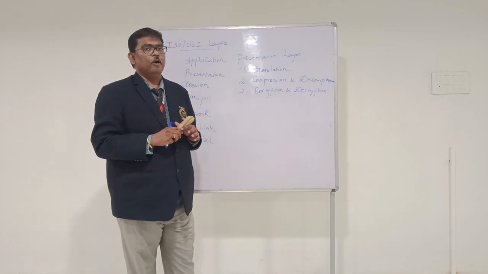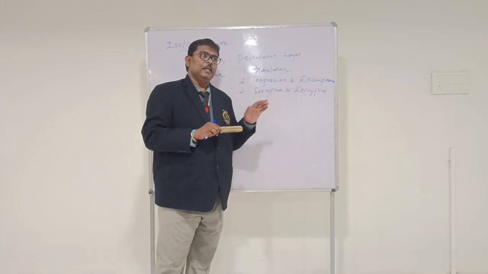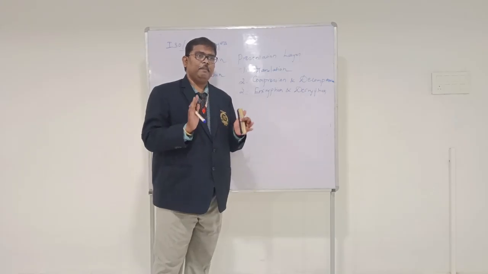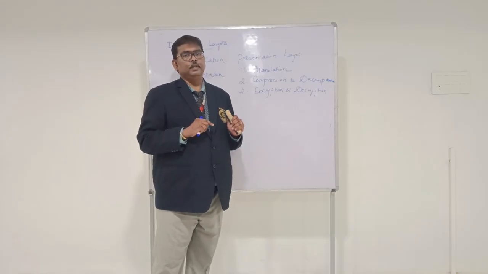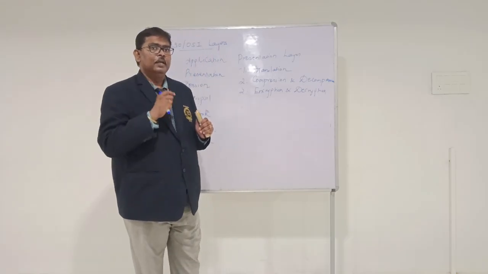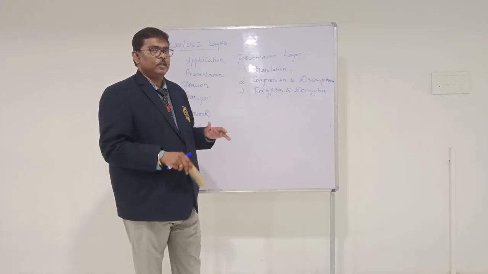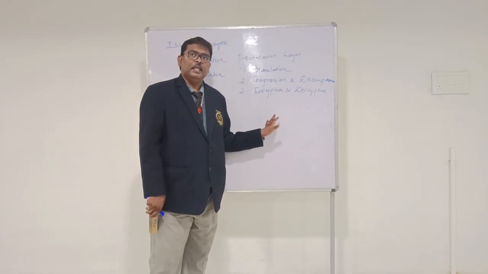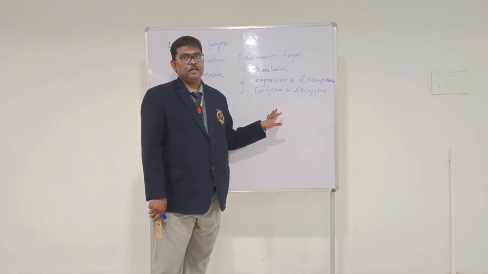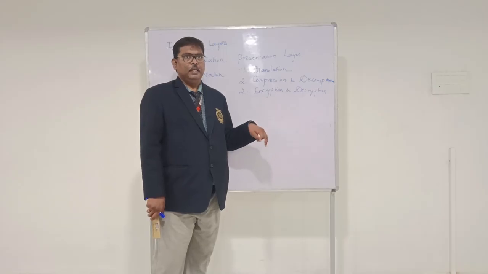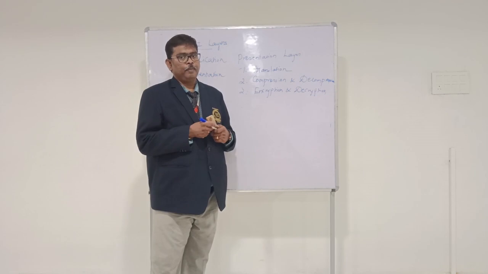Defining privacy, the information can be read or understood by the authorized parties alone. Unauthorized parties couldn't read or capture this information. That is possible through encryption and decryption.